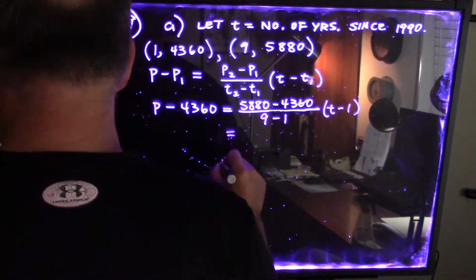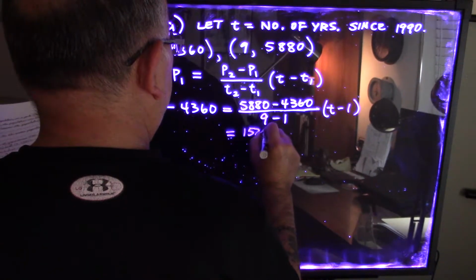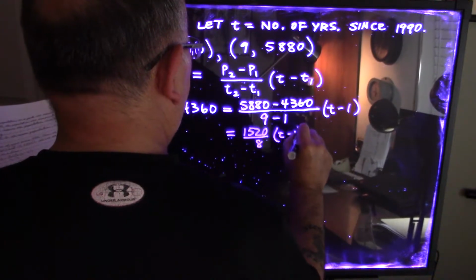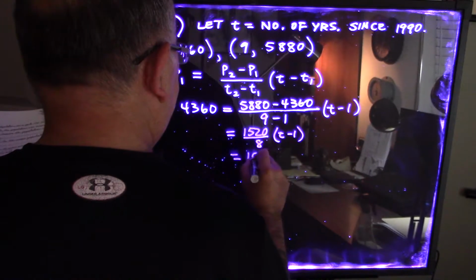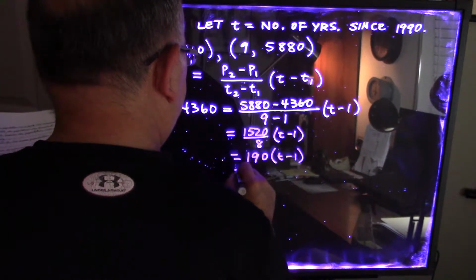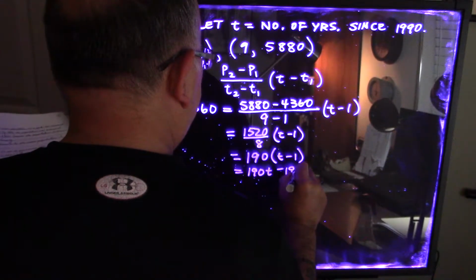So we've got 1520 over 8 times the quantity T minus 1, which reduces to 190 times the quantity T minus 1, and distributing that through, you get 190T minus 190.